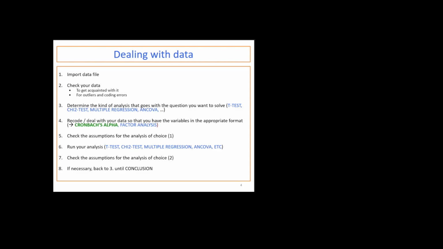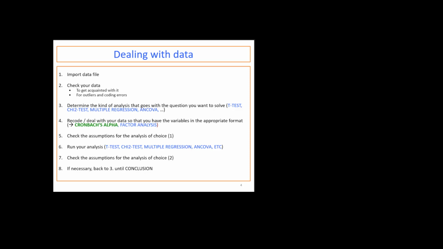And while we treat this topic as last in this course, actually the alpha command and also factor analysis that we won't go into today, you should actually perform that before you perform the statistical analysis that you have to do to test your hypothesis. And why is that? Because the Cronbach's alpha, so to test the reliability of your scale, you have to do that before you do the statistical analysis.